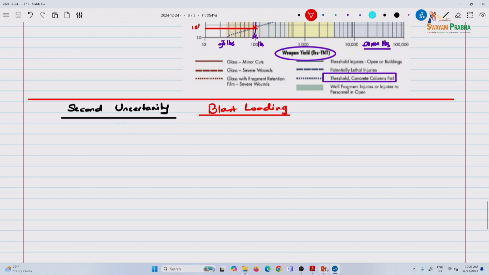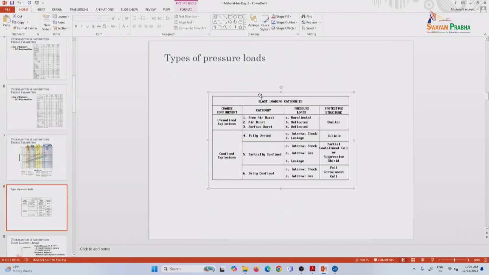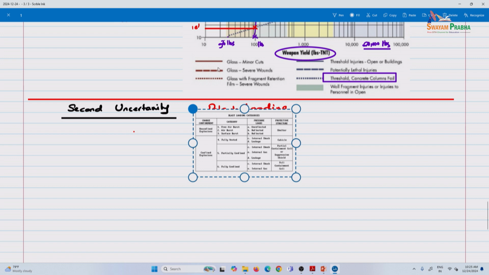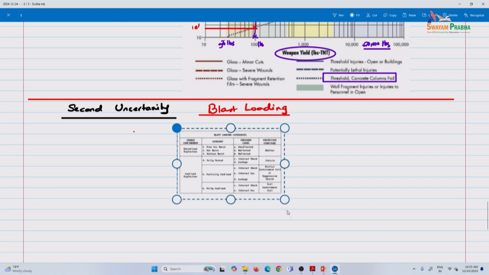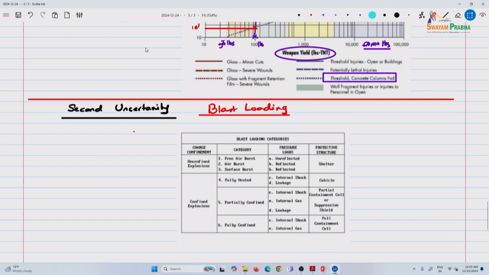So, the blast loading, let me start with this one. It's going to take a lot to cover all of them, but we've talked a little bit about knowing the variety of blast loading categories.